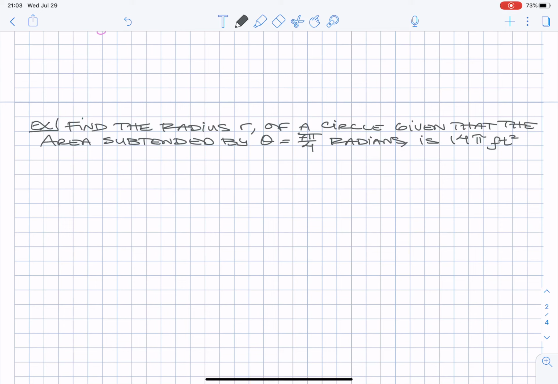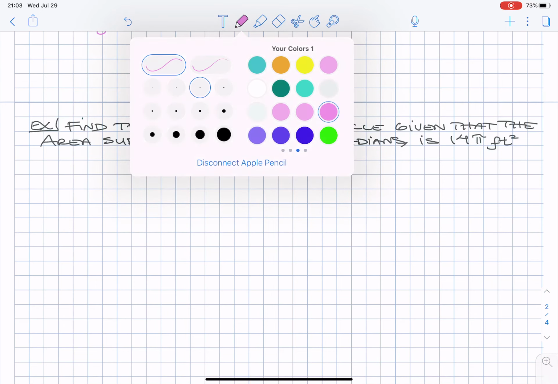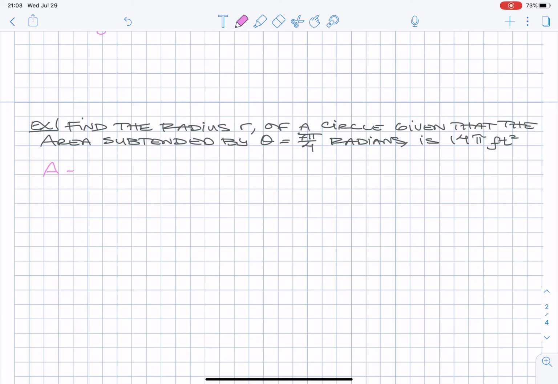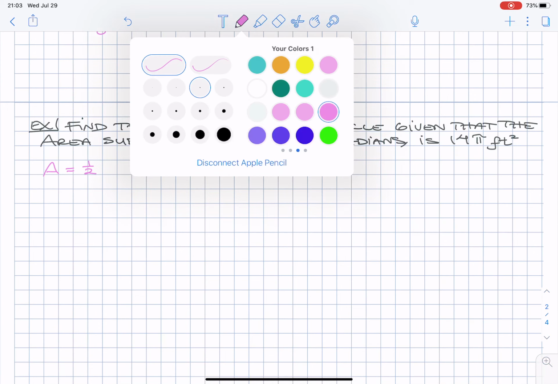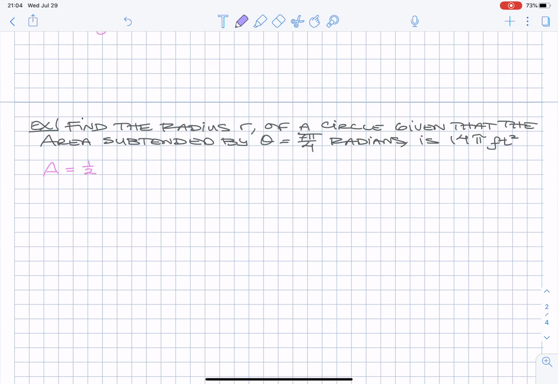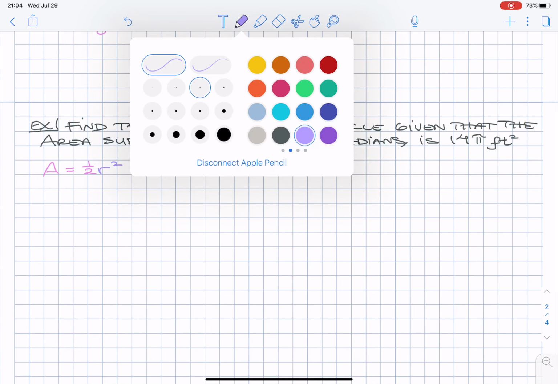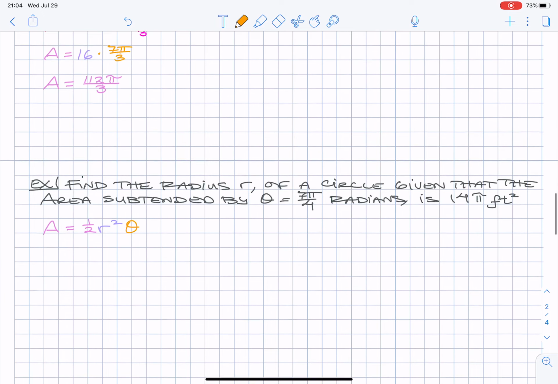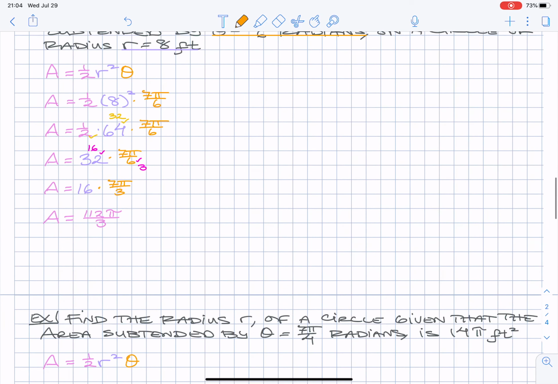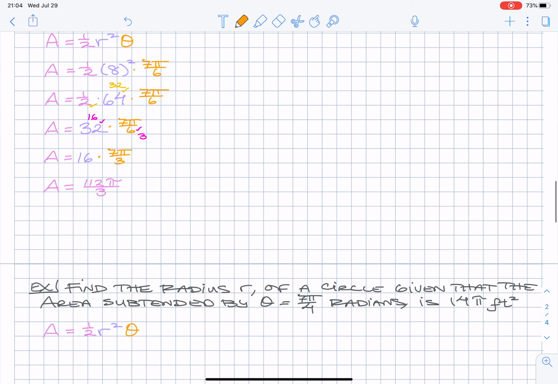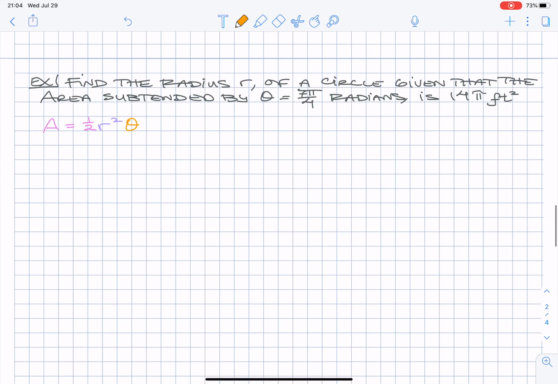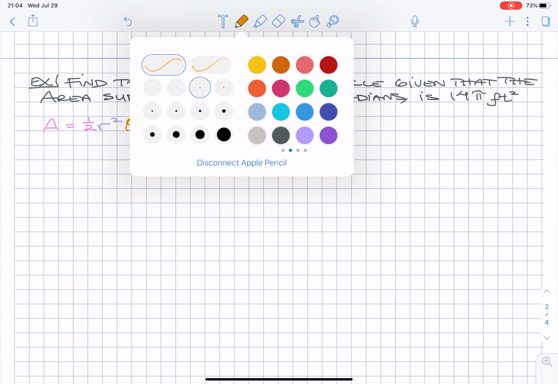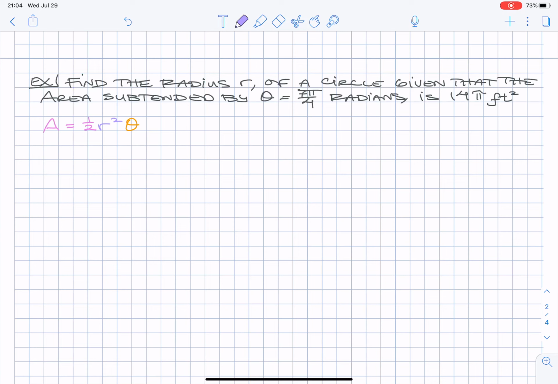Okay, so what do we know? We know that the area of a sector is 1/2 radius squared times the angle theta given in radians. 1/2 r squared theta, right? So let's see what we have. I'm trying to find the radius, so that's what I want to find, r.